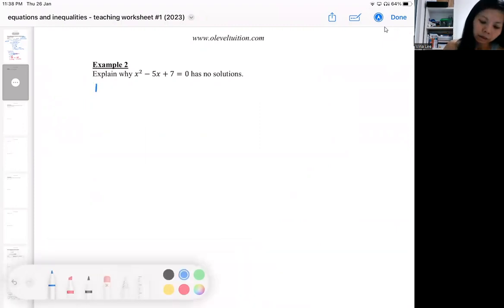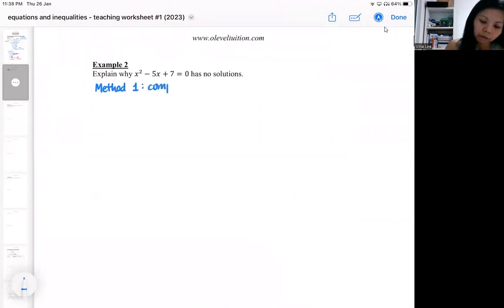The first method that I'll be showing is by the complete square. I'm going to use the complete square idea to explain.